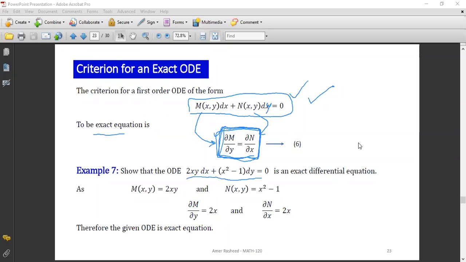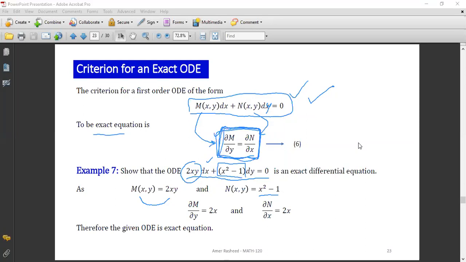if we are given this differential equation, you can see that what is your M of xy? It is 2xy because it's the coefficient of dx. M of xy must be the coefficient of dx, and N of xy is x squared plus 1, and it is always the coefficient of dy.